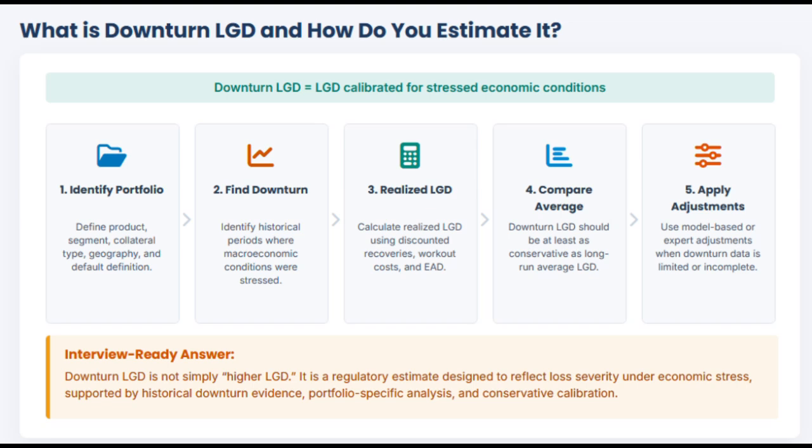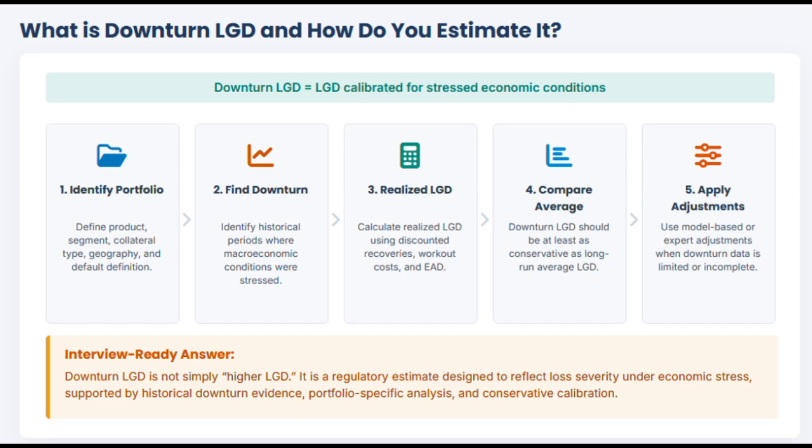And the final downturn LGD must be at least as high as the long run average LGD. So downturn LGD is not simply higher LGD. It is a regulatory estimate designed to reflect the loss severity under the economic stress, supported by historical downturn evidence, portfolio specific analysis, and conservative calibration.